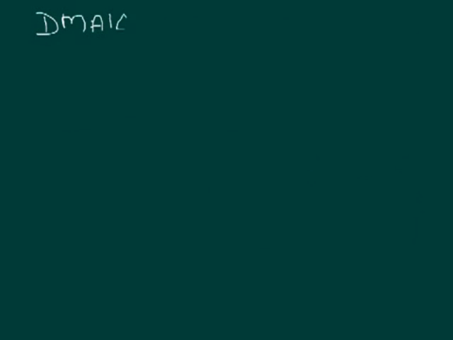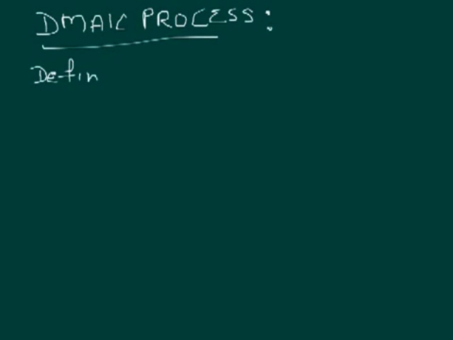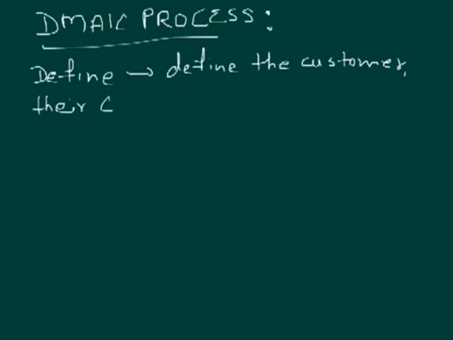So the DMAIC process, what it does is, under the define stage, you define the customer, and you identify their critical to quality issues.